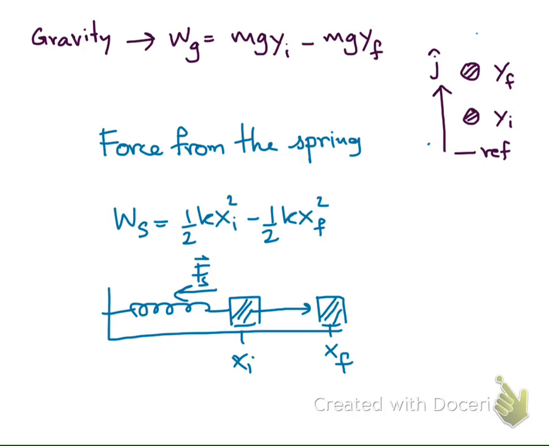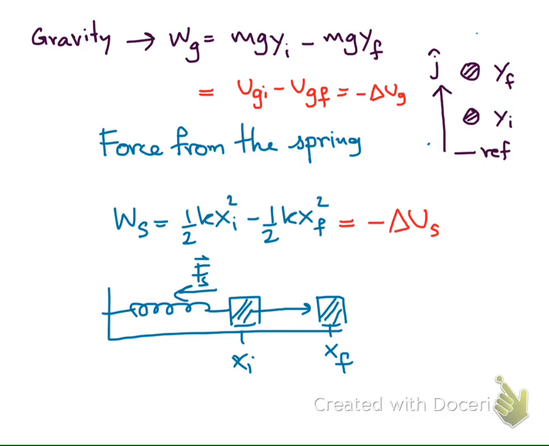Now, if we look back to the definition of the potential energy, for the gravitational force, Wg is equal to Ugi minus Ugf, or the minus of the delta Ug. This is also the same for the force from the spring, which is equal to the minus of delta Us.